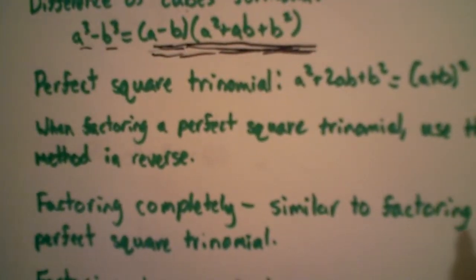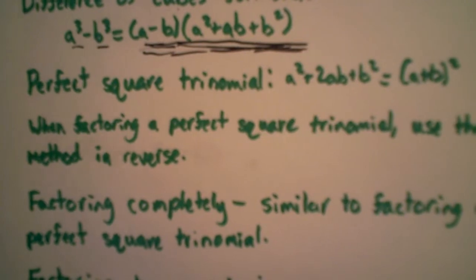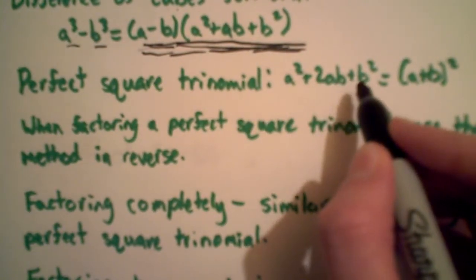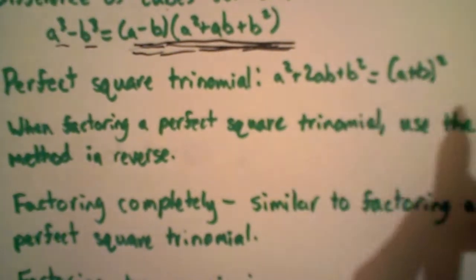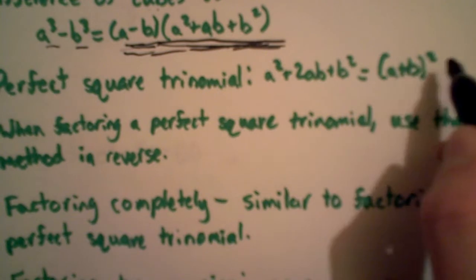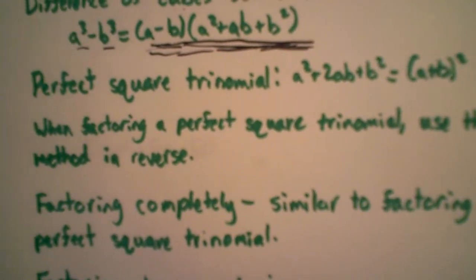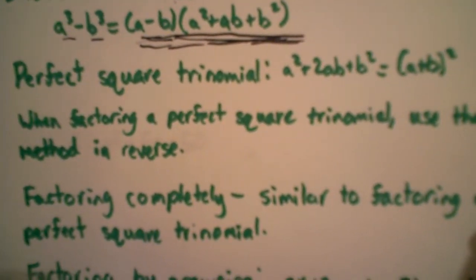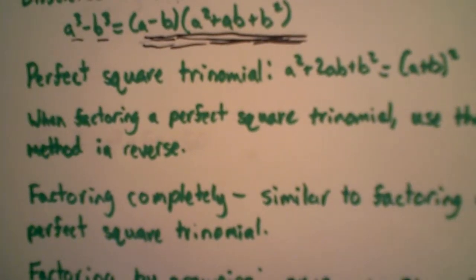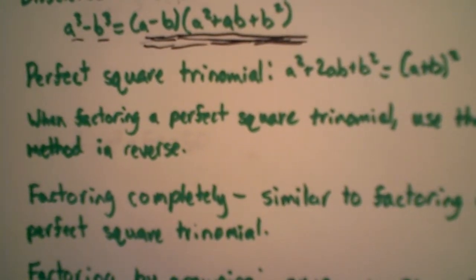Now, for perfect square trinomials, you have a squared plus 2ab plus b squared, and you're going to make it look like (a plus b) squared. When you're factoring a perfect square trinomial, all you're really doing is using the FOIL method in reverse.